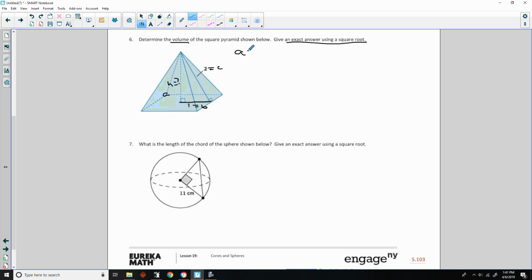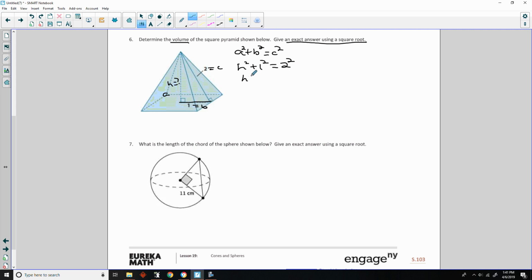So, Pythagorean theorem, A squared plus B squared equals C squared. I don't know A squared, that's my H. B squared is 1. And my slant height is 2.